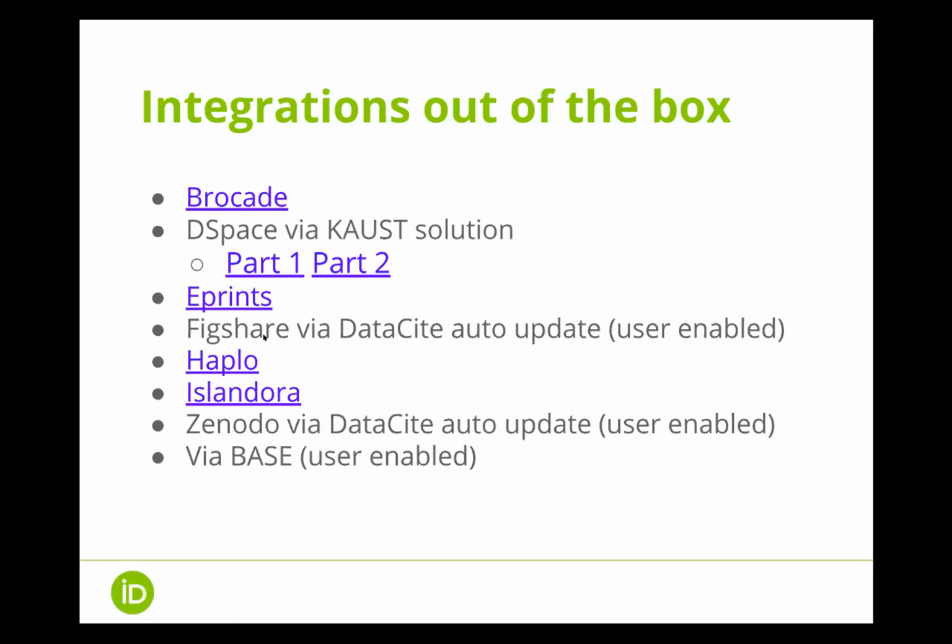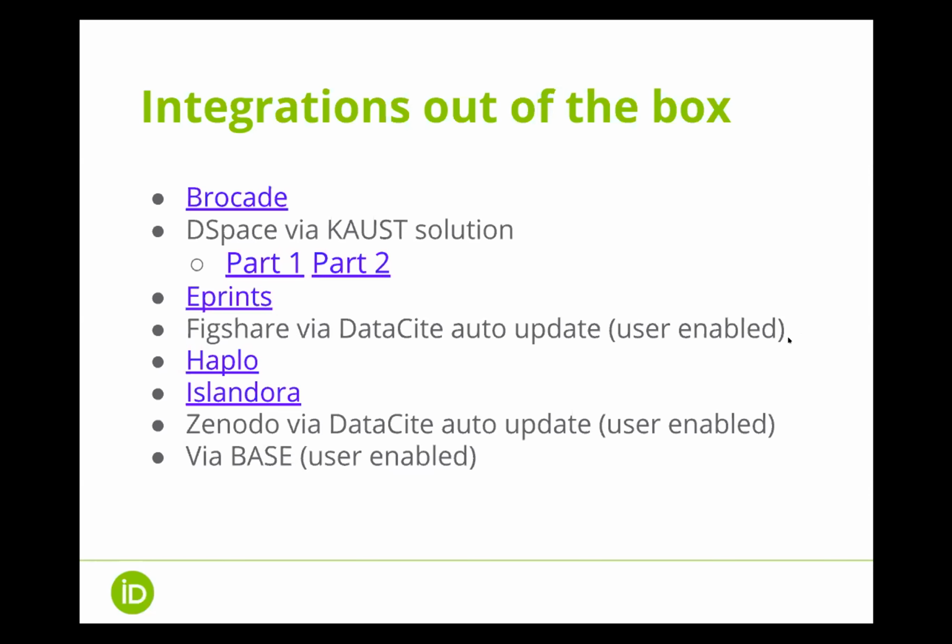Figshare is another very popular repository system. They don't have a direct integration with ORCID, but if you're using Figshare, it's possible for that metadata to be connected to the ORCID registry via DataCite, and for this it's important that the IDs are embedded in the metadata.